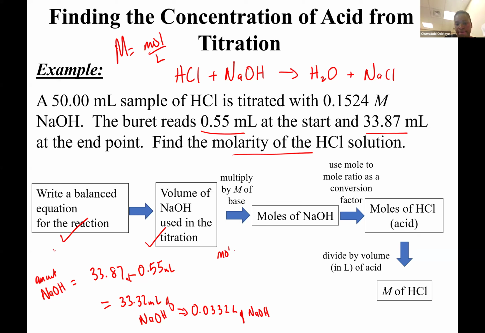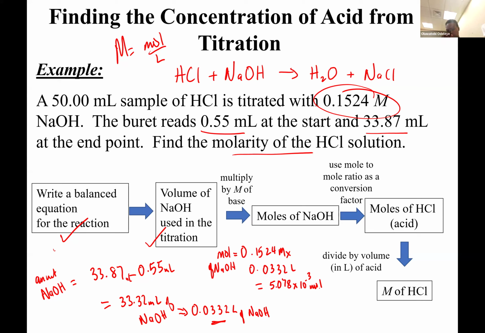So moles would be big M, which is right here, the concentration of NaOH, times the volume, which I figured out here. Which gives me 5.078 times 10 to the negative third moles of NaOH.